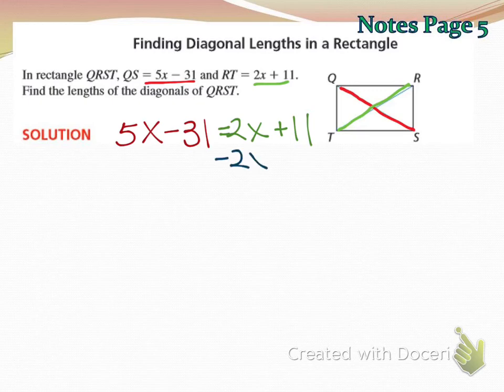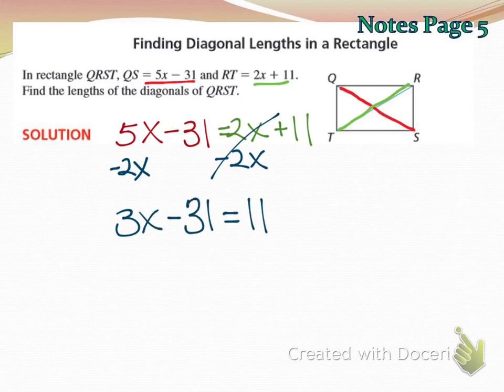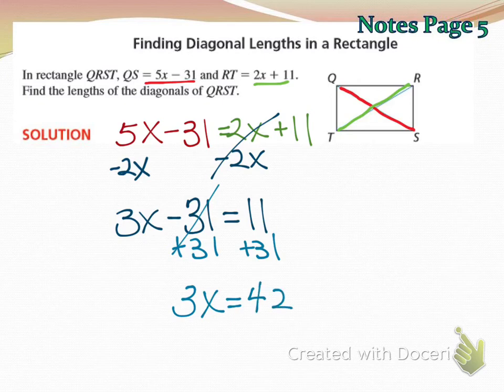Move the smaller x. 5x minus 2x is 3x. Add 31. 3x equals 42. Divide by 3. And x equals 14.